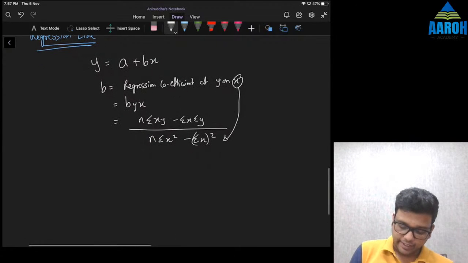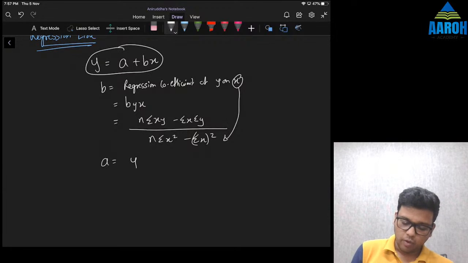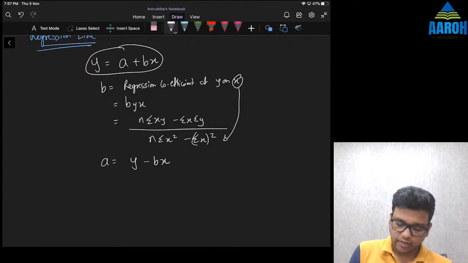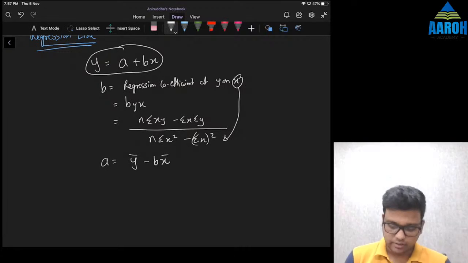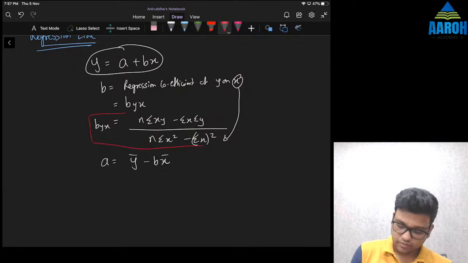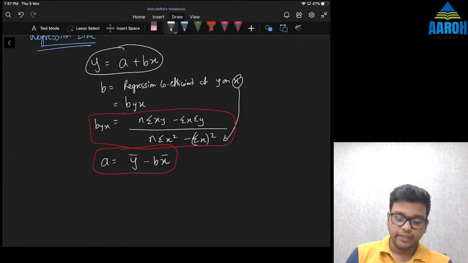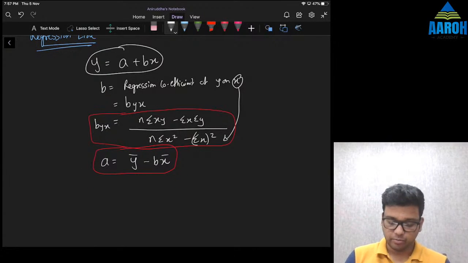Then we can get a as, we can rearrange this as y minus bx and just write y bar and x bar instead of y and x. That gives us a. So this is formula of byx and this is formula of a. Understand it logically. You should always try to understand logic behind every formula.